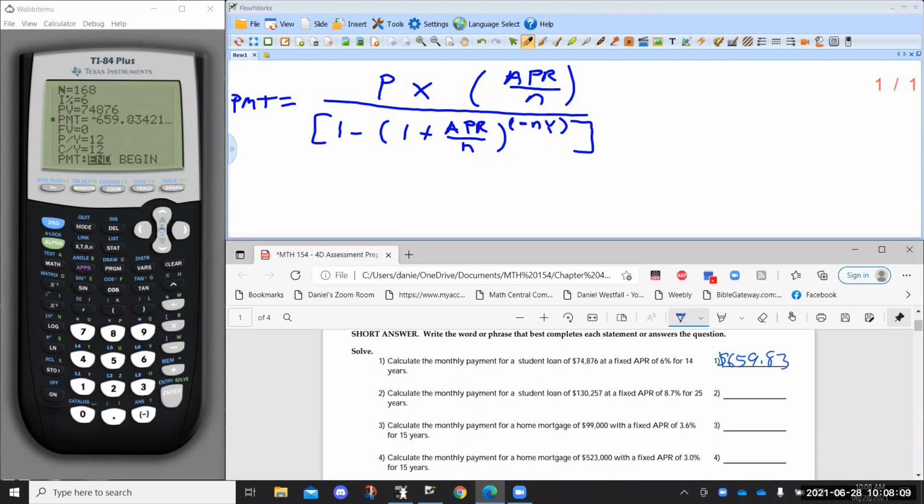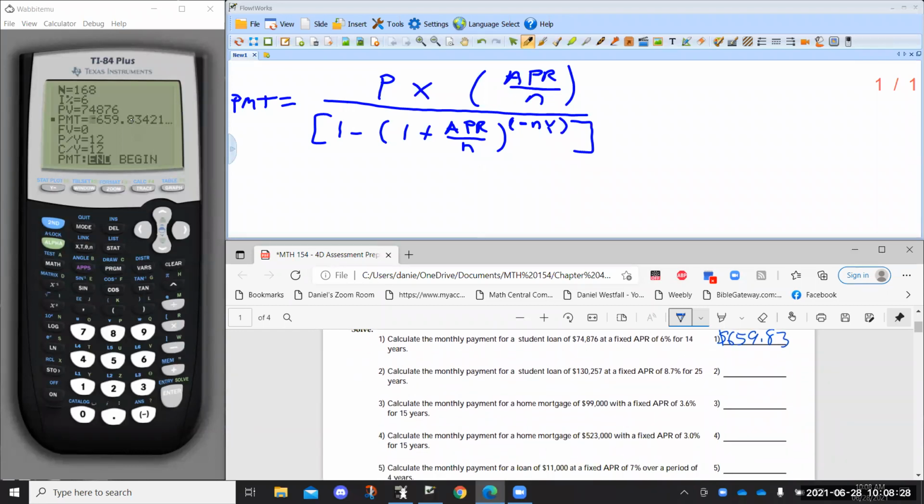And it's just because, if I would have started off with the present value of the loan being negative because it was a debt, then my payment would have been positive. We're just going to have opposite values of one another. It's an accounting thing. I'm going to go in here and I'm just going to change these values.